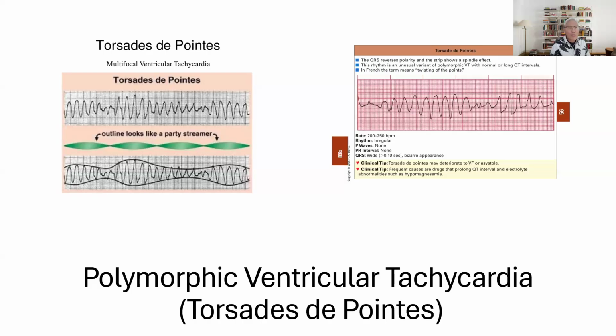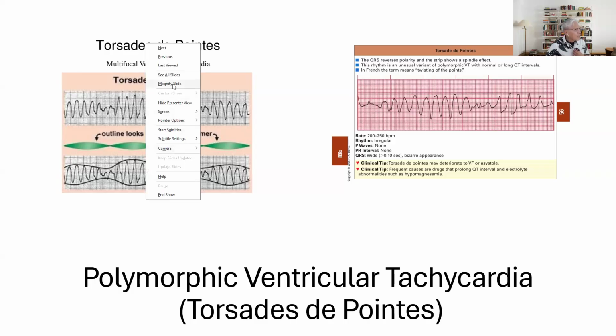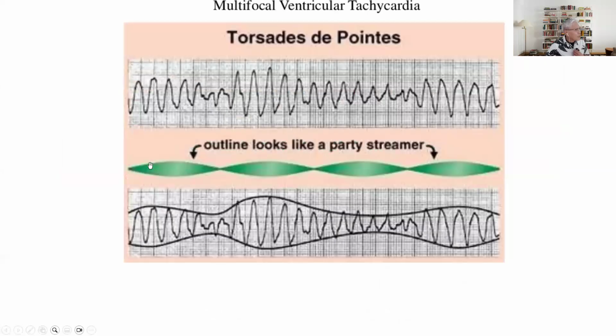term, torsades de pointes. Now, I don't know if any of you speak French, but apparently the translation of torsades de pointes is of different heights or of different points. Now, when you're having a party, I'm from the Philippines originally, so when we have parties, we usually decorate the room with streamers.